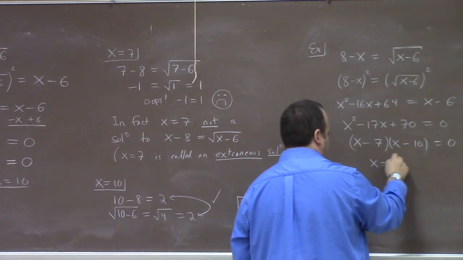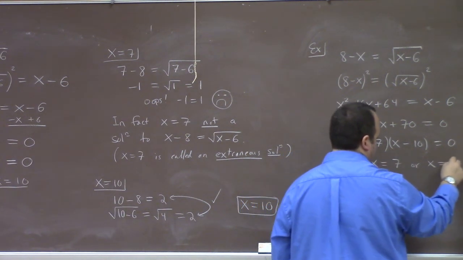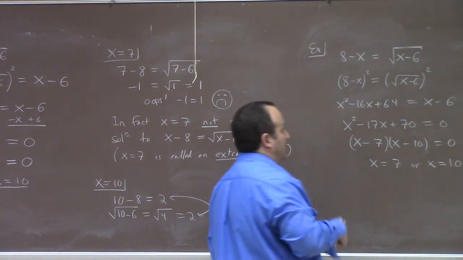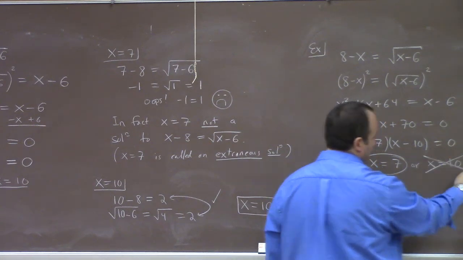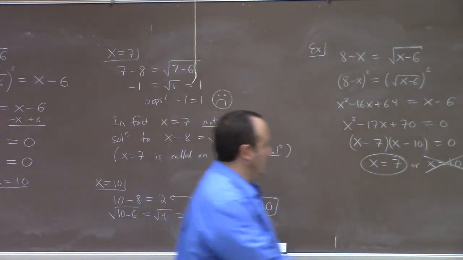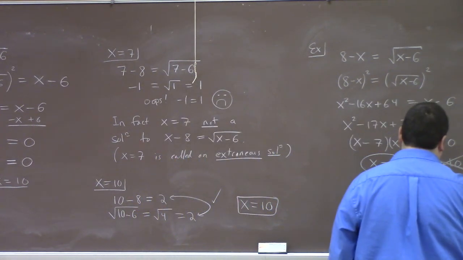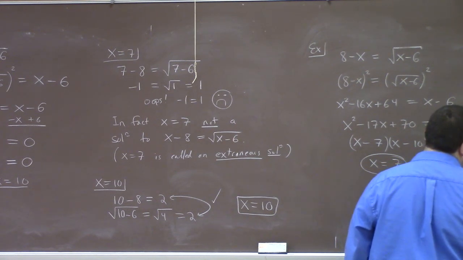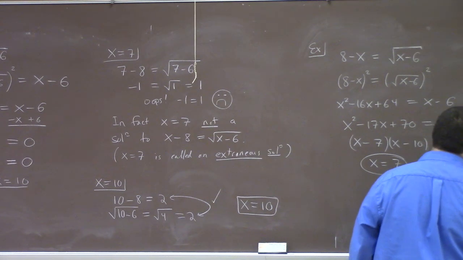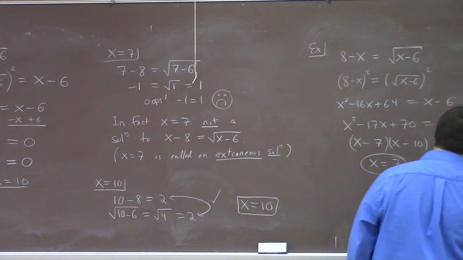So x equals 7 or x equals 10, it appears. But when you try it out, you'll find that this one is the solution and that one does not work, because 8 minus 10 is equal to minus 2, which is not equal to the square root of 10 minus 6, which is the square root of 4, which is equal to 2.